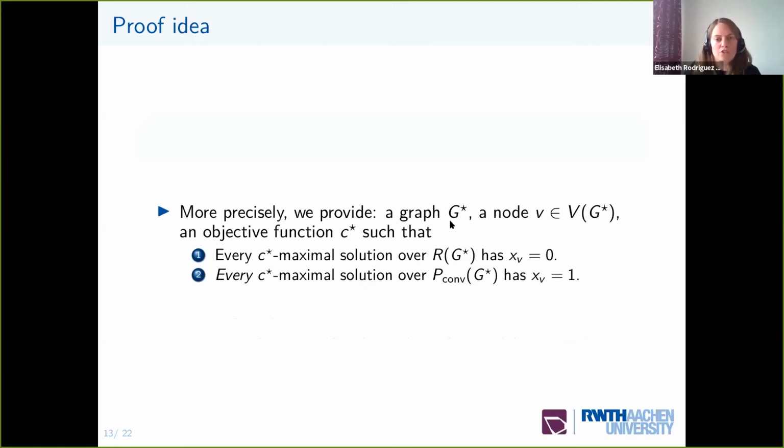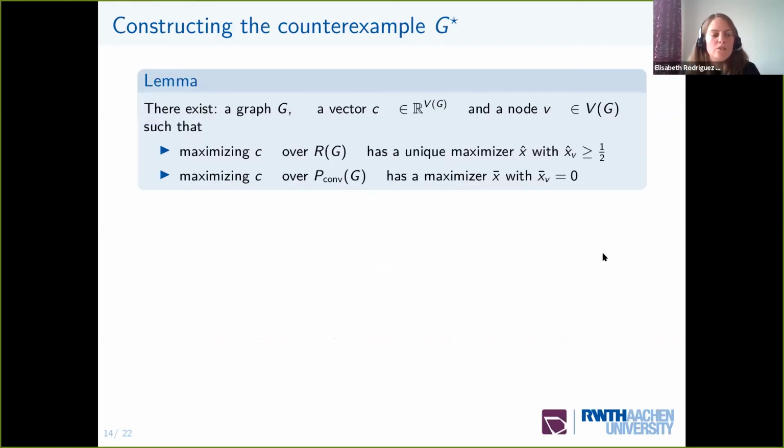Okay, so this is what we will do next. We will construct this graph G star to begin with. To construct this graph G star, we base ourselves on the following lemma, which says that there exists a graph G, a vector of weights C and a node V, such that when we maximize C over the polytope R of G, we obtain a unique maximizer taking value at least 1/2 on this particular node.